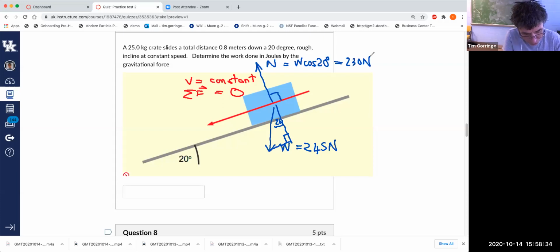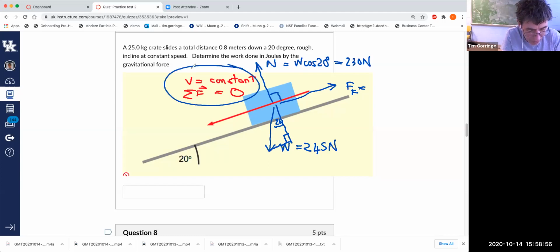Okay, so that's two forces. Then we've got, in addition, a friction force. It acts opposite the direction of motion. So it's sliding down the incline, and that friction force is up the incline. If the velocity is constant, if the sum of the forces is 0, this friction force must be balancing the other component of gravity.